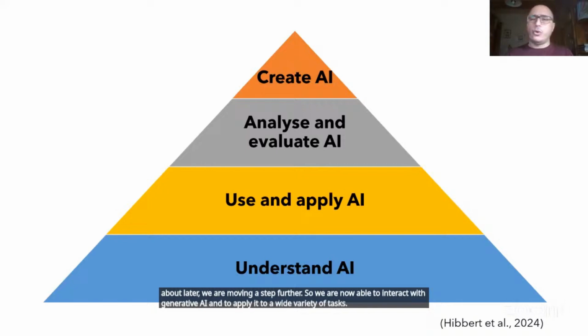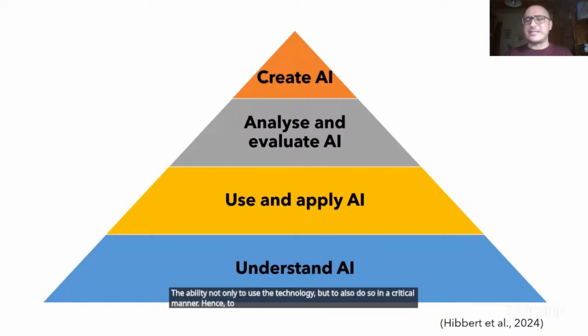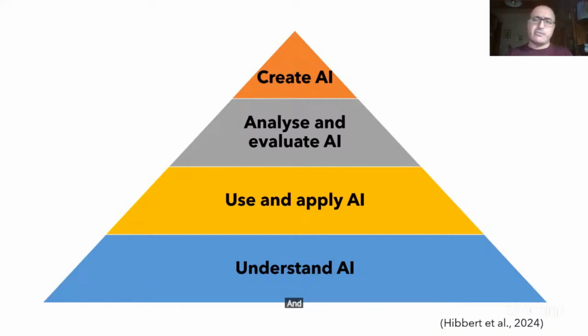A more important skill is something that I've already touched upon. The ability not only to use the technology, but to also do so in a critical manner. Hence, to analyze and evaluate its output, to understand the limitations of the model that you are currently using when compared to other models.